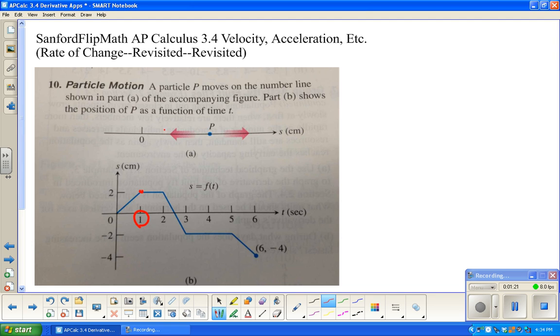I don't know what the numbering scheme would be on this line, but 1 second in is right here. And then it stays there until the second, and please note, it's not moving here because the position is staying 2 for that whole second.